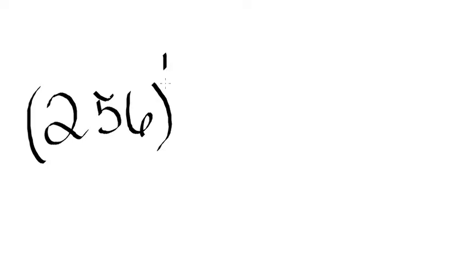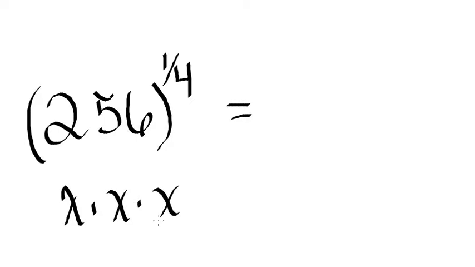Let's look at this one here. 256 raised to the 1/4 power. We want to reduce this down. So in other words, we want to find a number that we can multiply together 4 times. See that? 4 times. That gives us 256.